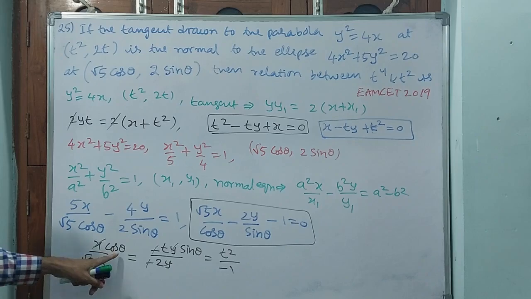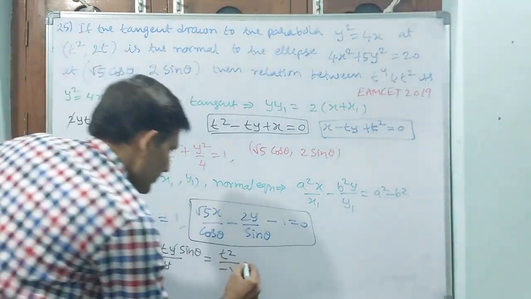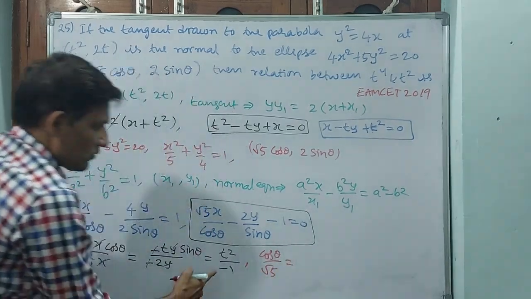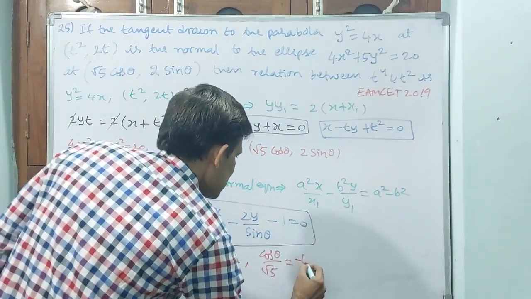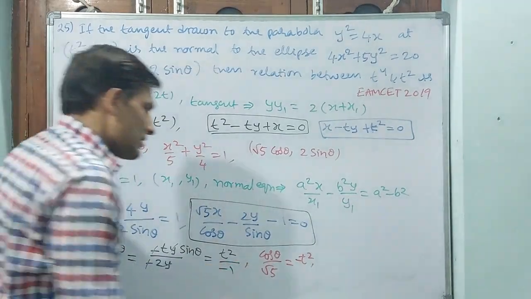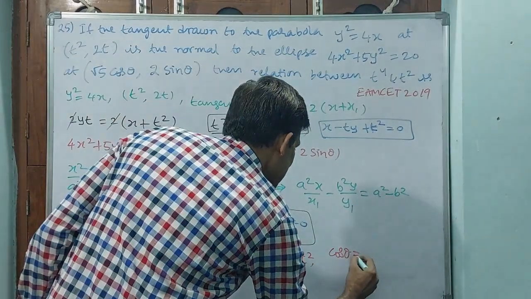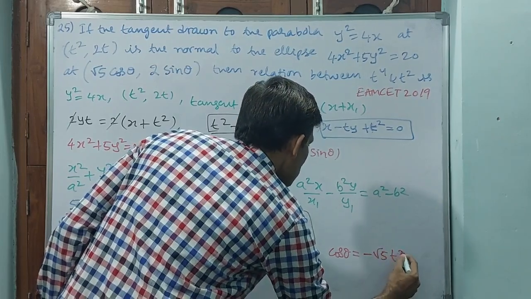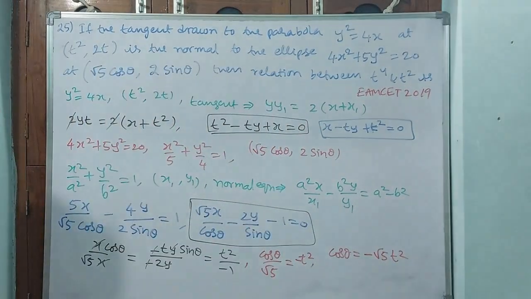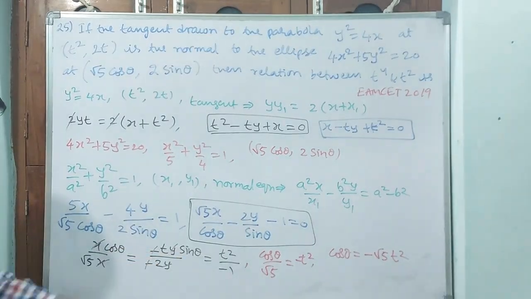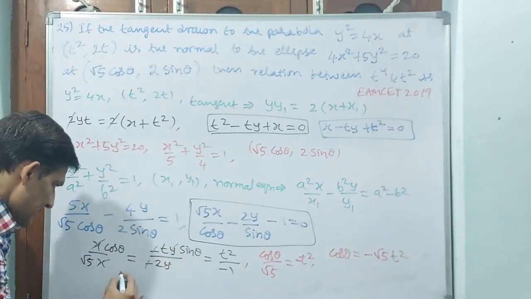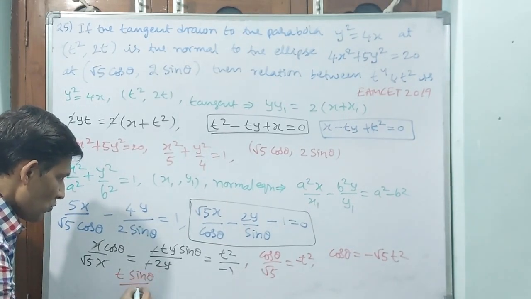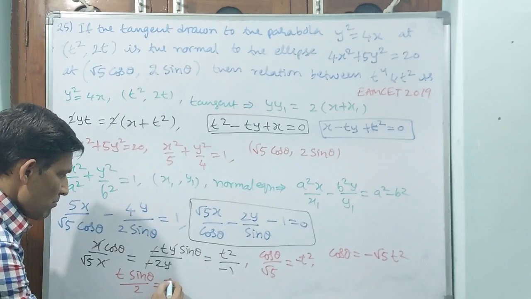You see, cos theta by root 5 is equal to minus t square, or else cos theta is equal to minus root 5 t square. Okay, cos theta. And come back here: you see t sin theta by 2 is equal to minus t square.